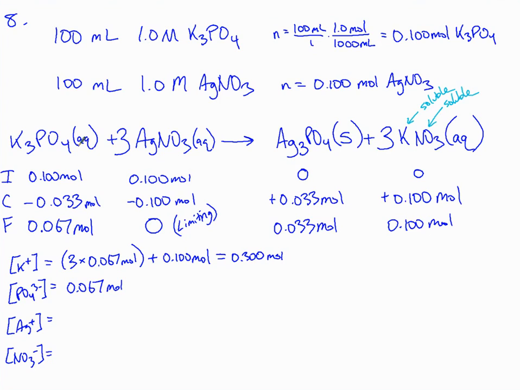And do we have any in the products? Actually no, because the only place we have phosphate in the products is in a solid, so it is no longer in the solution. And so this would be the number of moles of the phosphate ion.